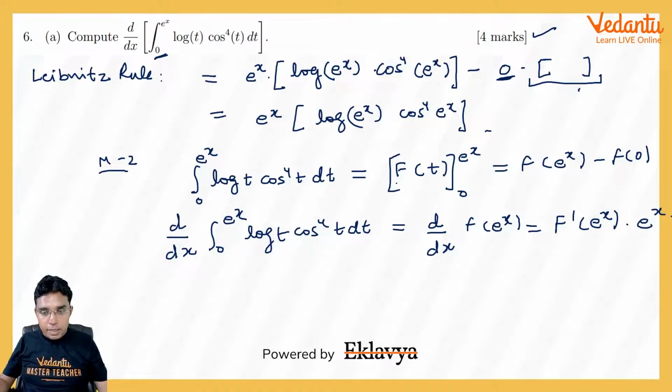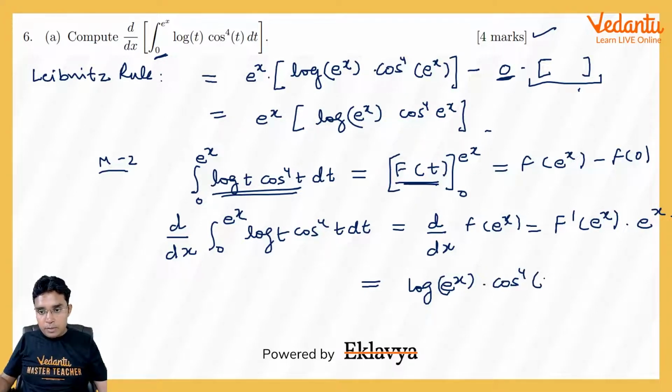Now because this capital F(t) is integral of this thing, you can think of this F dash will be actually this log t cos power 4t. So here we can write this as log of, because we are taking F dash for e power x, so in place of t we will be putting e power x here, into cos power 4 in place of t e power x here, into e power x here. So I think this is what we got by direct Leibniz rule also. So this is how this answer comes.